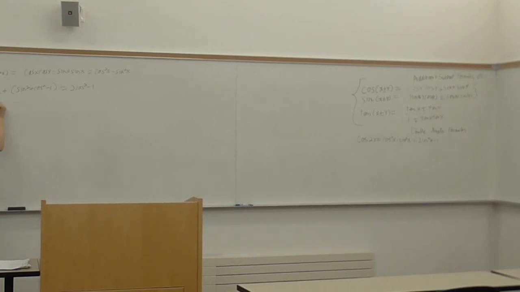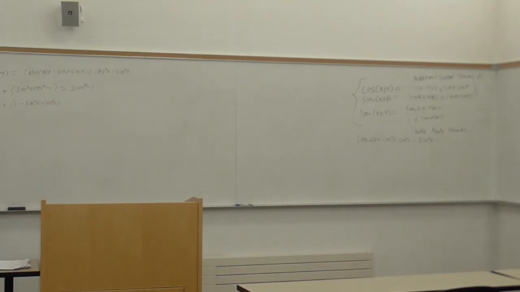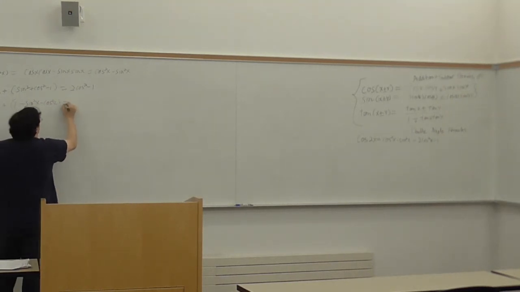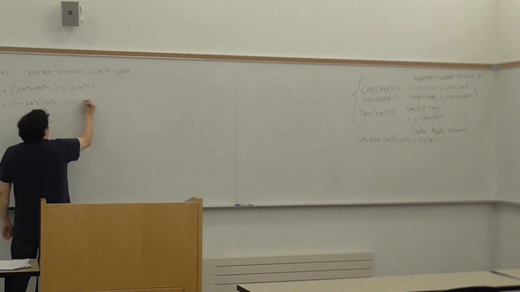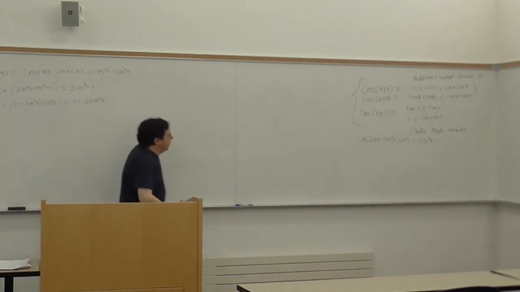But we could just as easily have added 1 minus sine squared x minus cosine squared x, because sine squared x plus cosine squared x is 1, and 1 minus it is 0. Only now, when we simplify it, we get 1 minus 2 sine squared x.